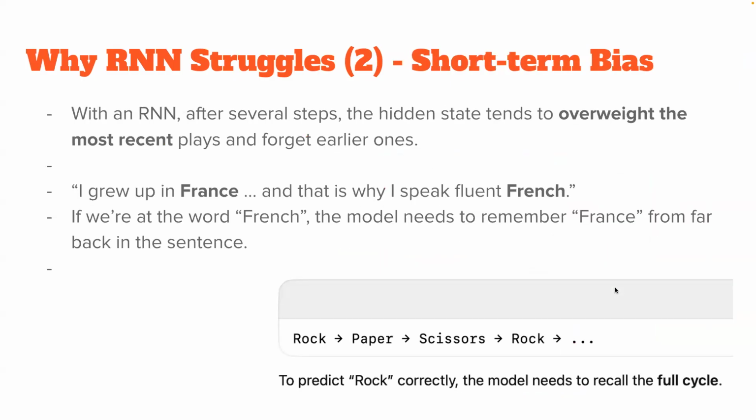In certain cases, like rock, paper, scissors, that's maybe a good thing. That's how it should work. But for certain things, it's not. For example, you have a very long article with a very long sentence, something like this: I grew up in French and blah, blah, blah, and this is why I speak fluent French. In this sentence, the last word French is the one thing that really matters. To predict correctly why I speak fluent, you have to go back to the early words to find out it's because of the French.